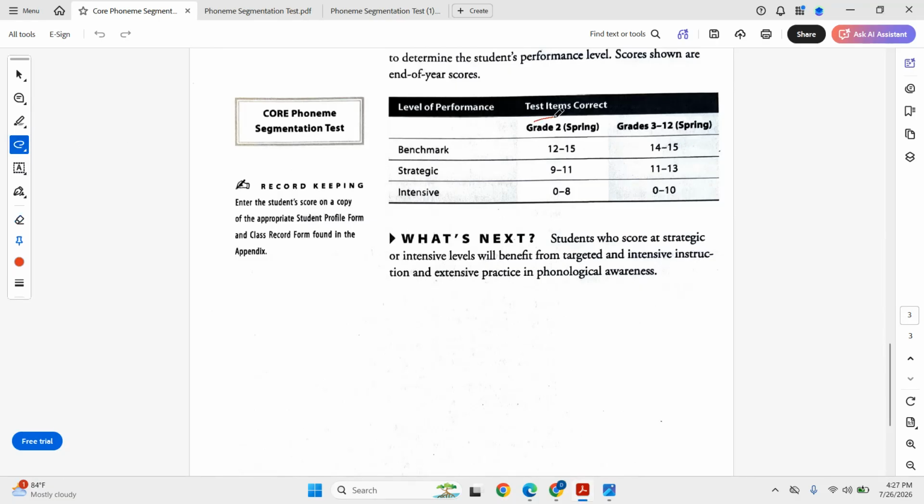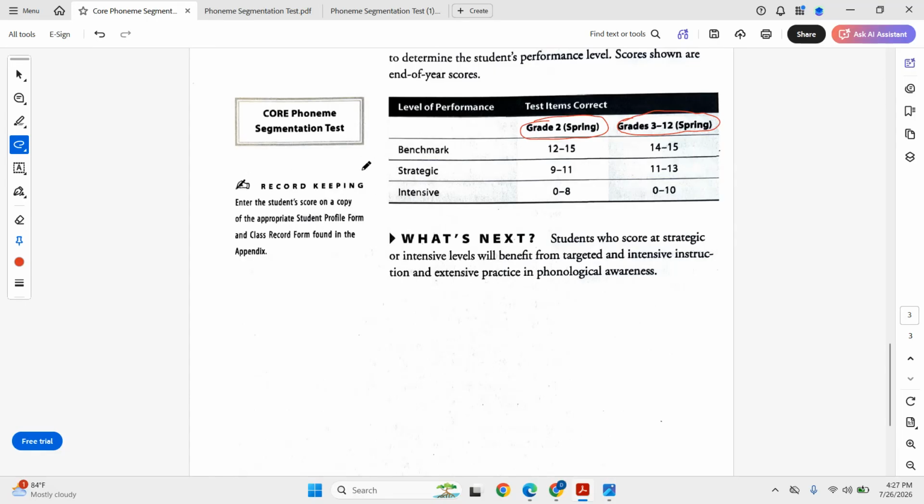So for a grade 2 student in spring, this is where you will look to interpret your data. But because we're working with a 4th grade student, this is where we're looking.